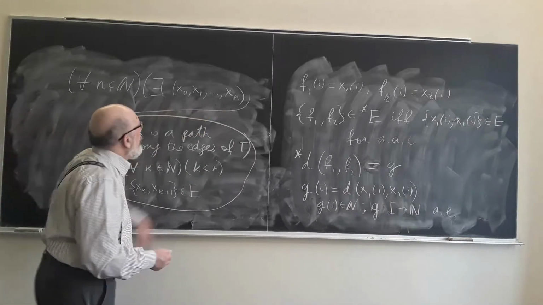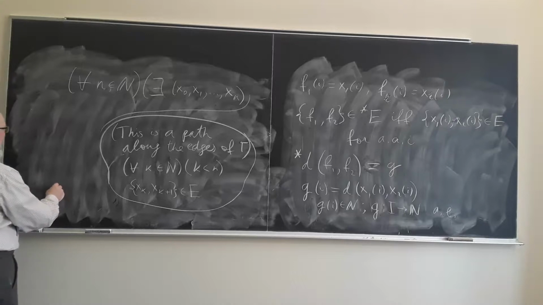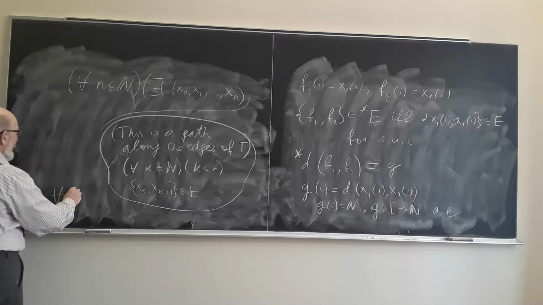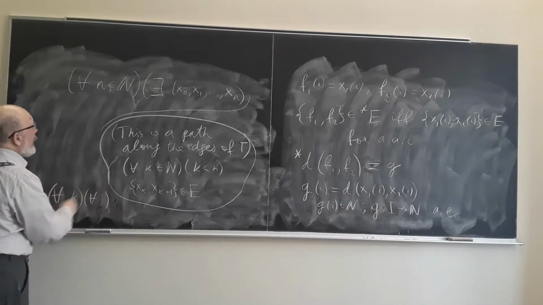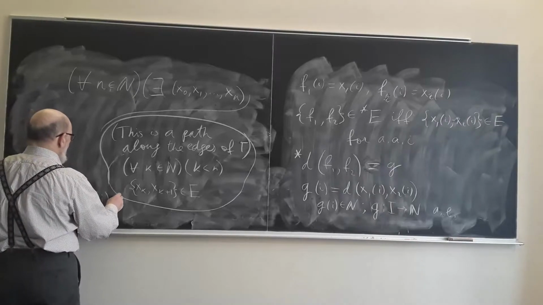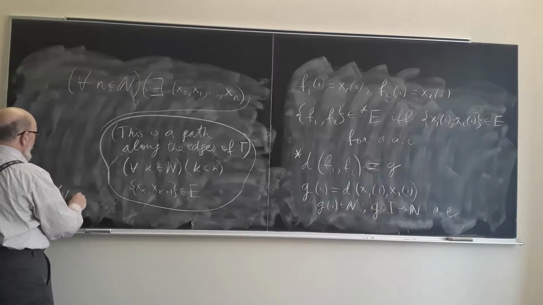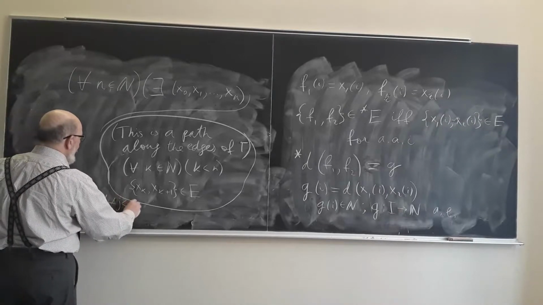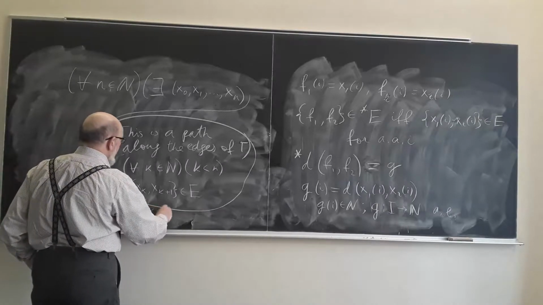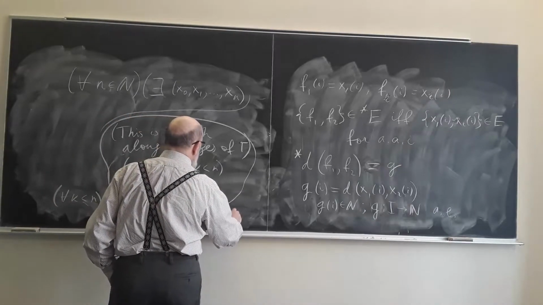So there exists such a path such that for all k, all j less than or equal to n, k different from j, we have that xk is different from xj.